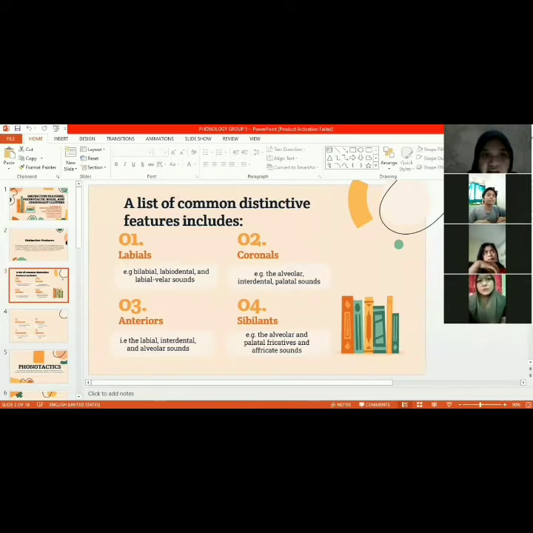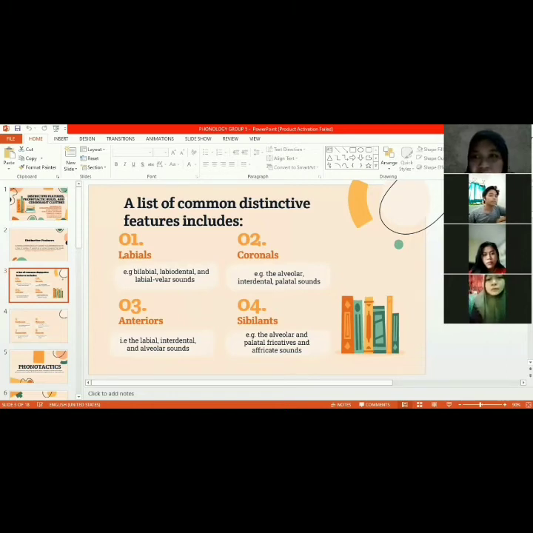And next, there is sibilants. Sibilants are articulated by friction of air, directing the airflow with the tongue towards the edge of the base of the teeth, such as the sound z. Can you feel it, guys?